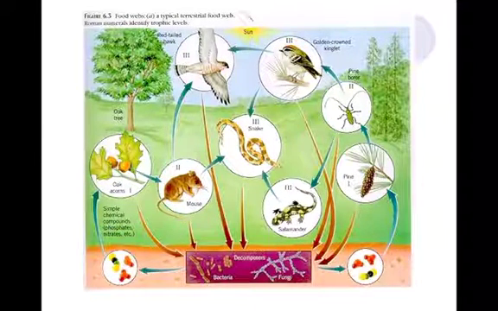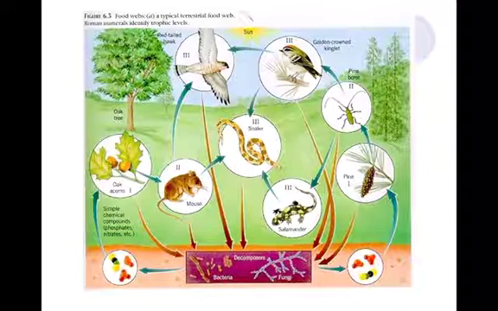So here's an example of a food web where you can see here that our red-tailed hawk eats mice. It also eats golden-crowned kinglets.